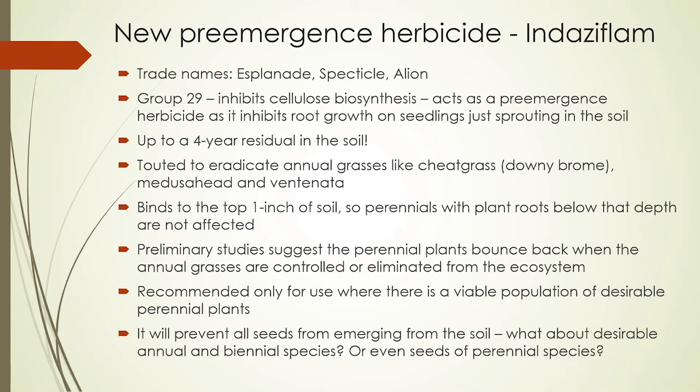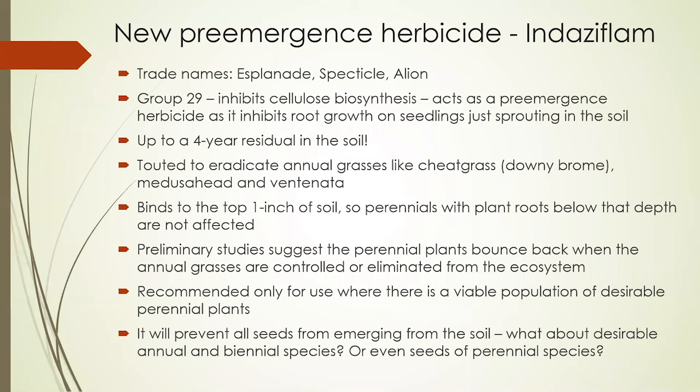So for those big infestations where it's a complete monoculture, they're not suggesting you use it there. You could use it there, but you better have a revegetation plan for year 4 when this stuff is no longer viable.